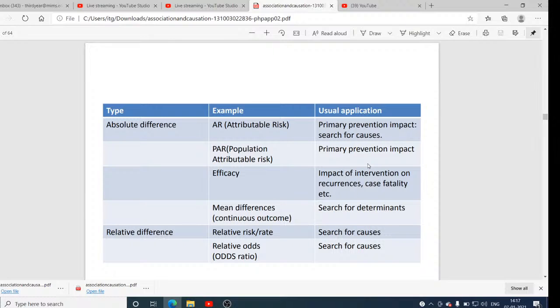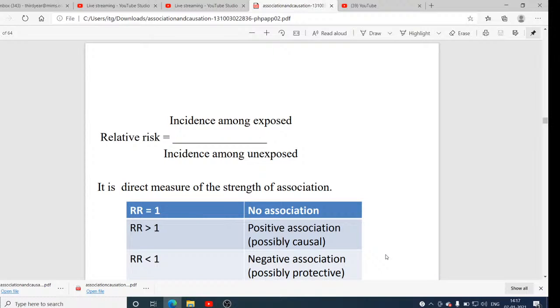Relative differences are relative risk or rate ratio and relative odds ratio. It is applied for search of causes, and the odds ratio is also applied for search of causes.